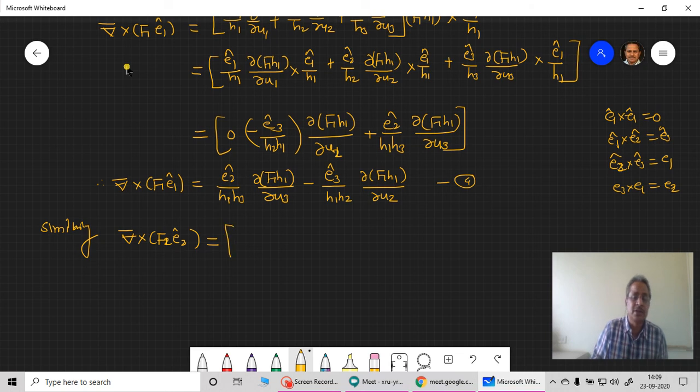This time this relation is given to be E3 cap divided by H1 H2. We have not derived this. You can go and you can get this particular type of answer there.